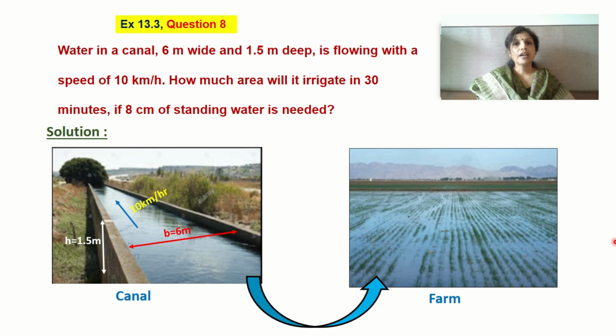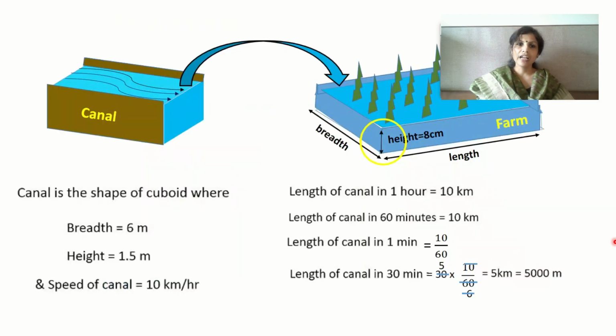Alright, so let's try drawing the rough figure of the sum. The breadth of the canal is 6 meter, height of the canal is 1.5 meter and the water is flowing through the canal with the speed of 10 km in 1 hour. Now the canal looks cuboidal in shape.